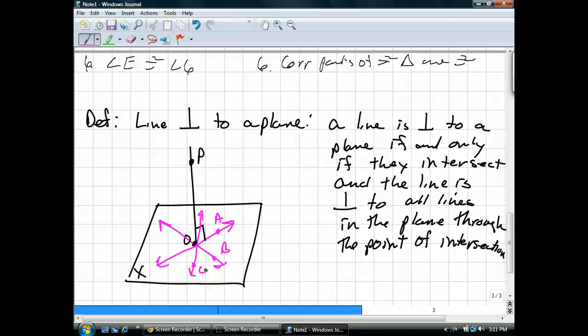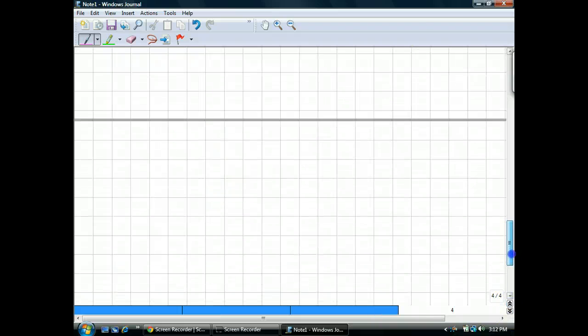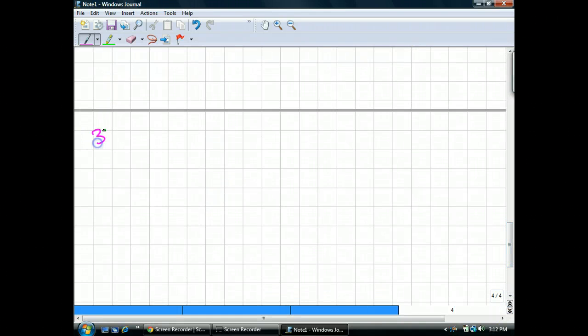All right, let's do one more proof here. So example 3. In this one, let's say that our given is that segment AB is congruent to segment CB, and that angle 1 is congruent to angle 2.